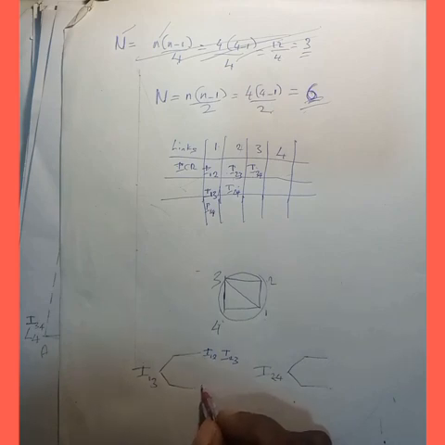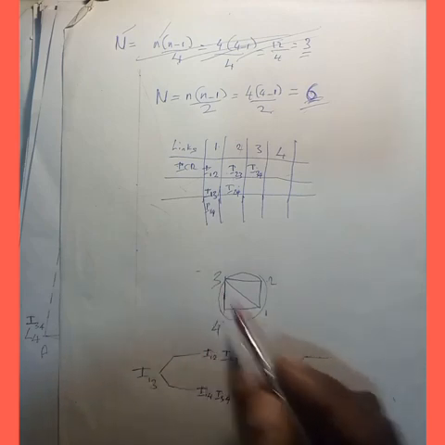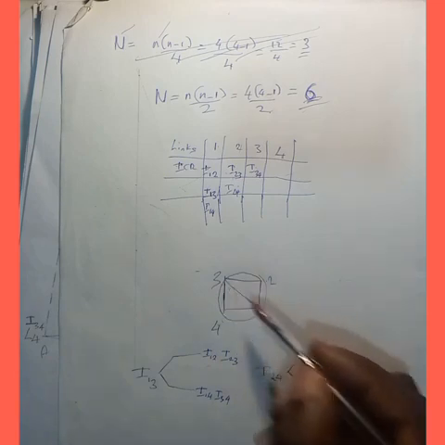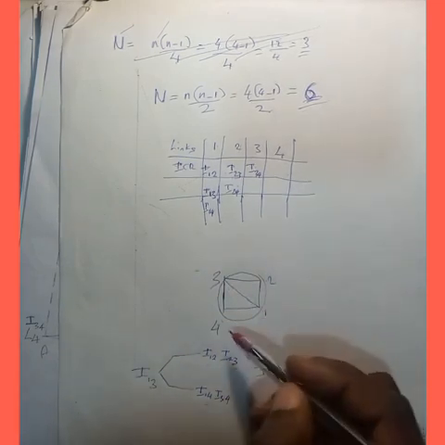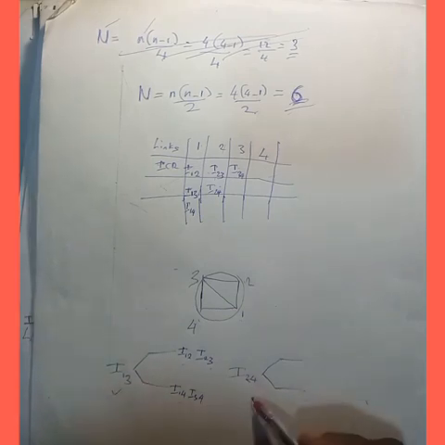Or you're going to have I14 and then I34. So from 1 to 3, you have I12 and then I23, or I14 and then I43. But you always write the smaller number first.